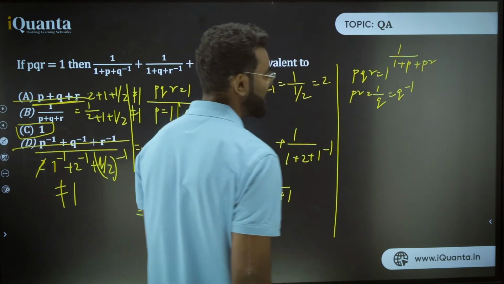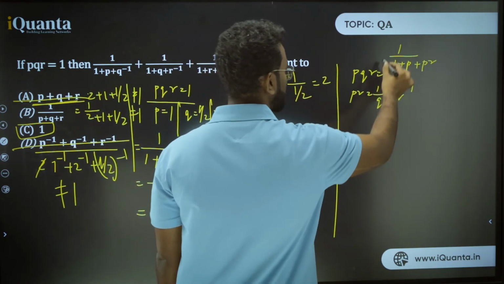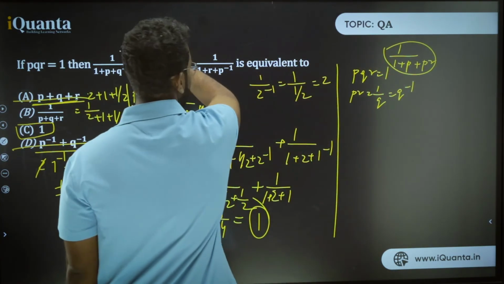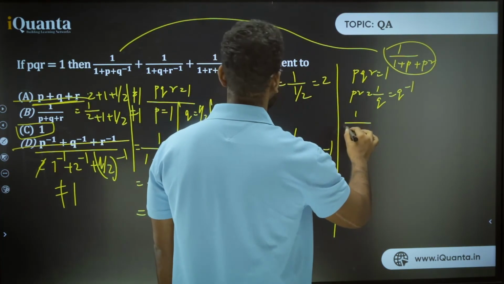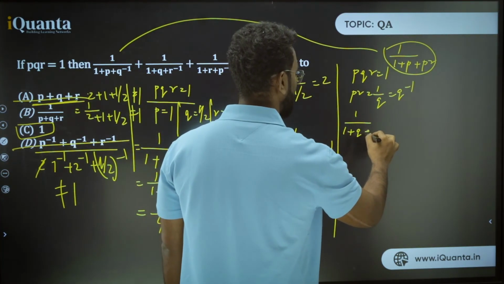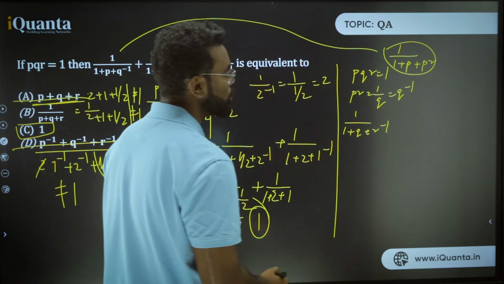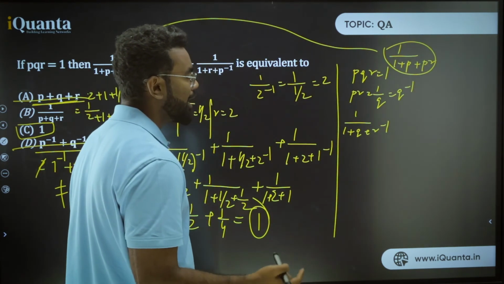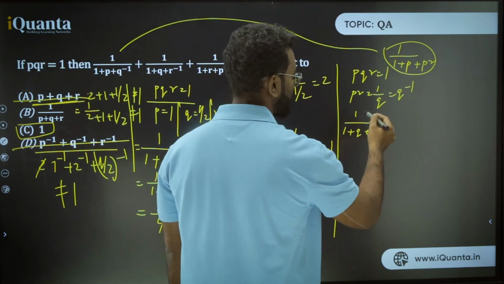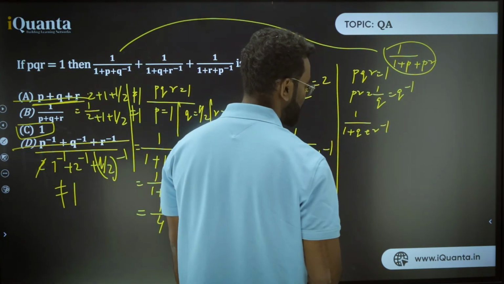That is my first term, right? Similarly, the second term is 1 plus Q plus R to the power minus 1. And I have told you what I need to change. I need to change just the values of Q, because I am making everything in the form of P and PR.